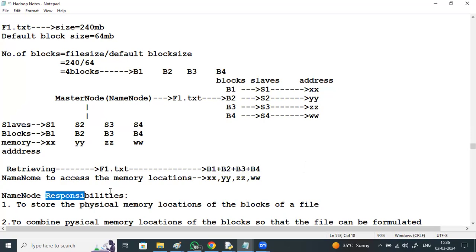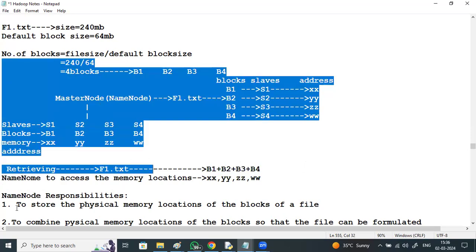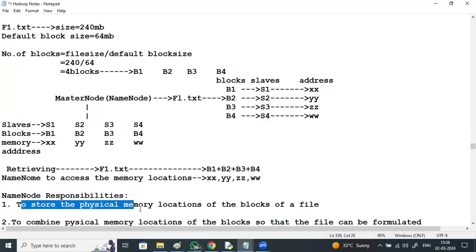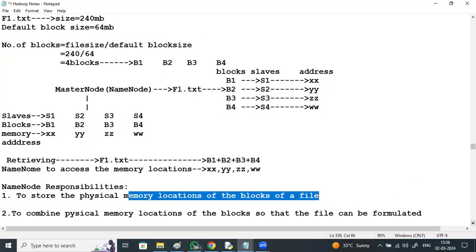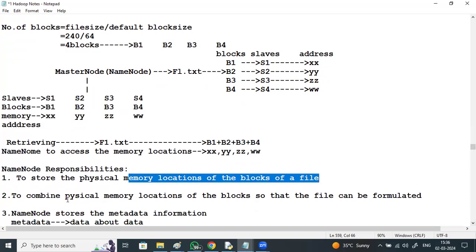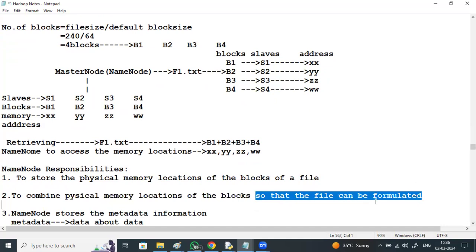Now from this understanding, what are the name node responsibilities? To store the physical memory locations of the blocks of a file.